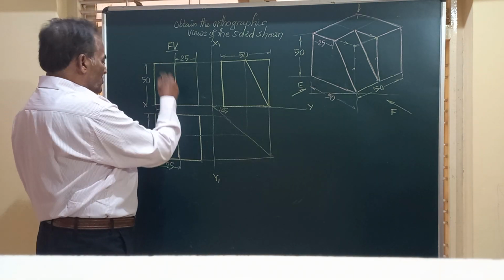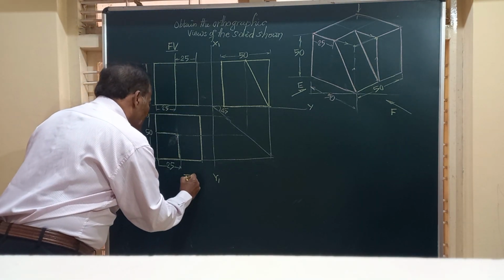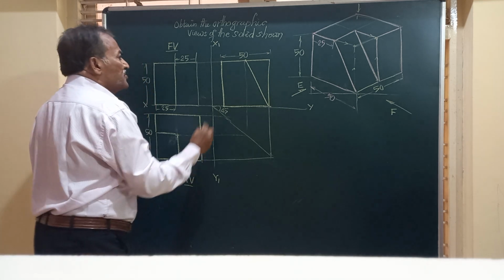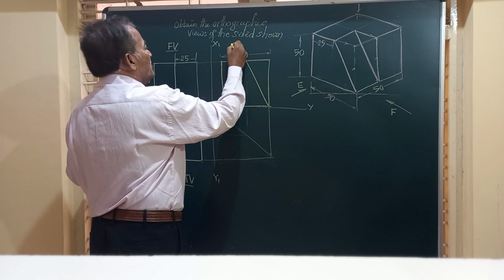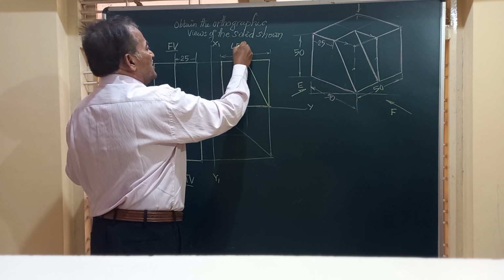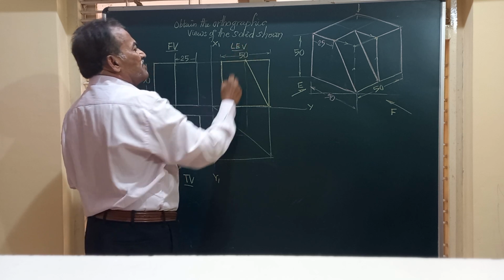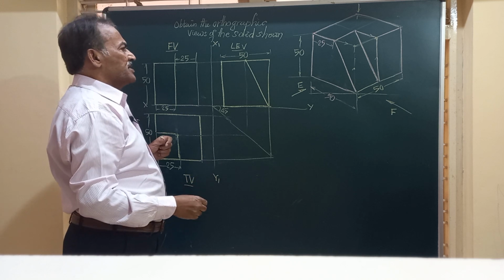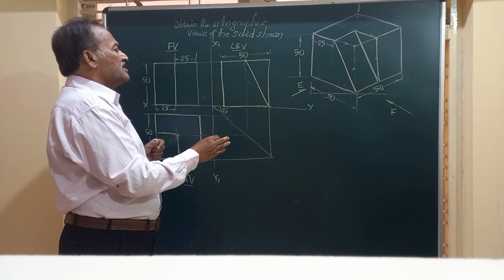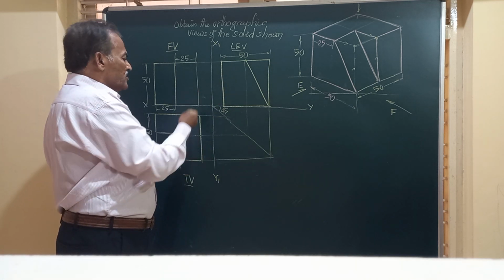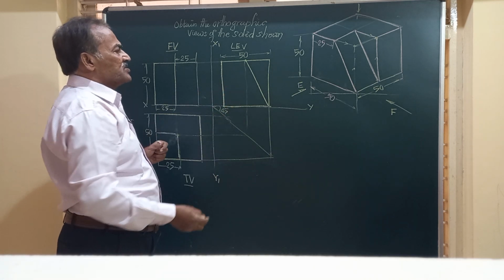So friends, we have got the front view, we have the top view, and we have got this end view, and this is obtained from the left direction. This is called LEV, meaning left end view of the solid. Friends, this is how we obtain the front view, top view, and the end view of the solid.